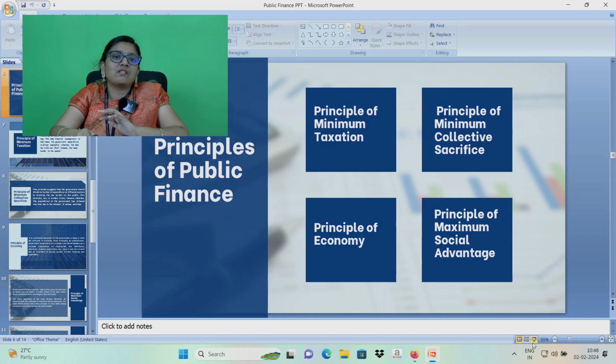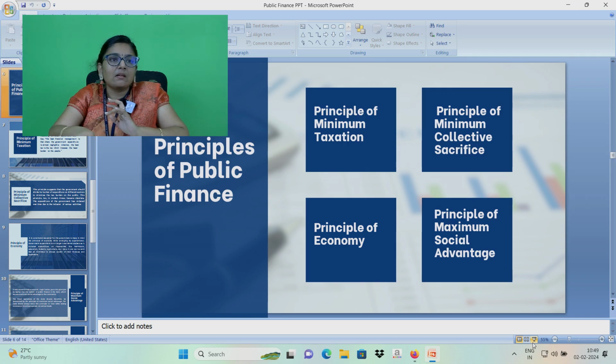Next, we are going to see the principles of public finance. There are four principles relating to public finance. One is minimum taxation. The next is minimum collective sacrifice. Third is the principle of economy, and fourth is maximum social advantage.